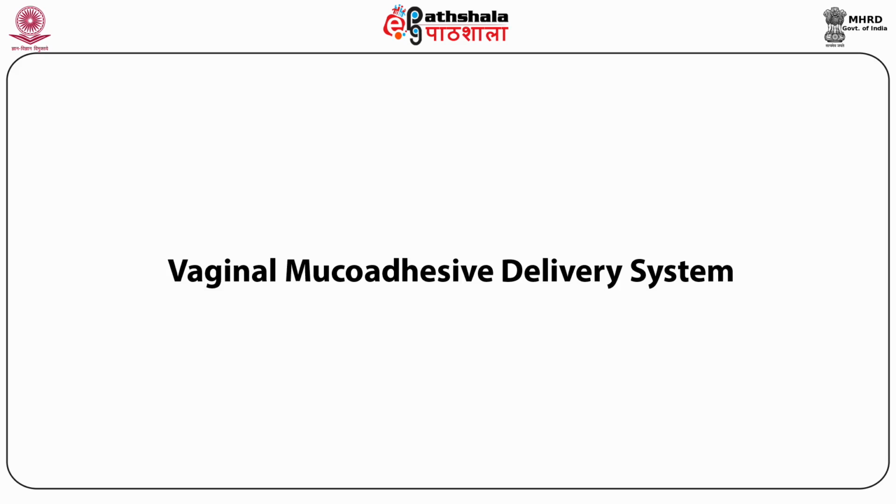A formulation which relies upon the use of mucoadhesive polymers and is targeted to delivery in the vaginal site can be referred to as the vaginal mucoadhesive drug delivery systems. In the subsequent slides, we will understand them in a little more detail.